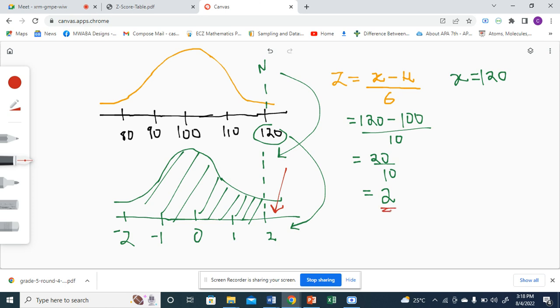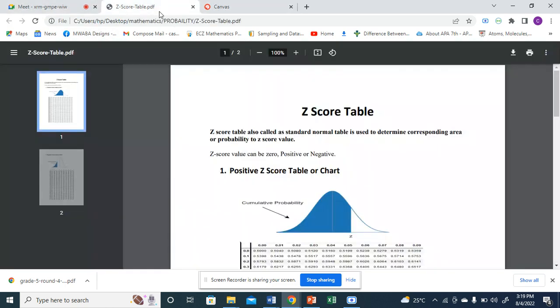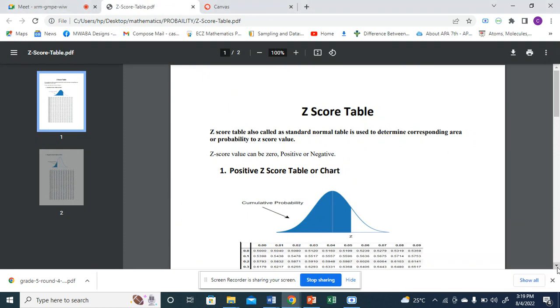We go to our z-score tables. We're looking for a z-score of 2.